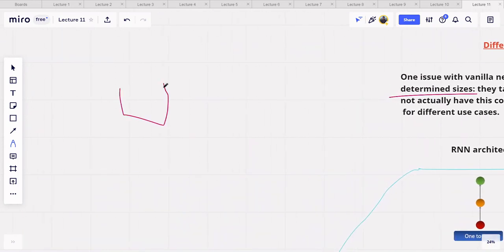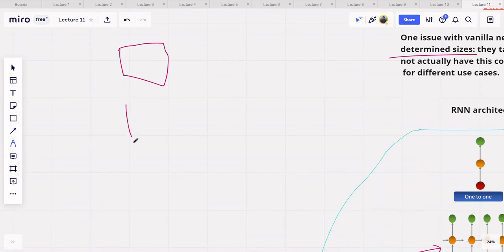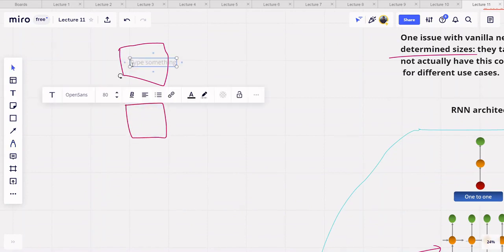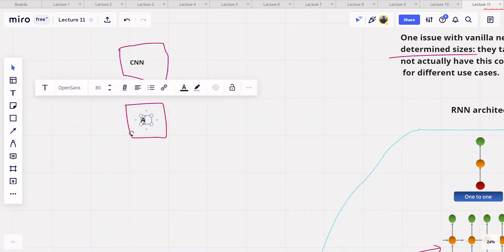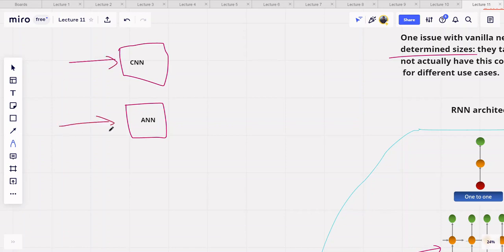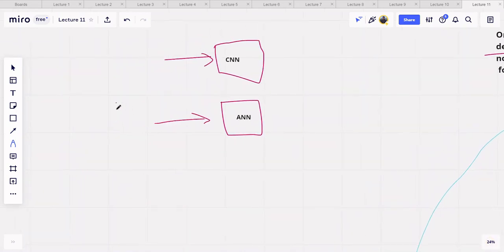For example, if this is our CNN model and this is our ANN model, then we had a predefined size of inputs here and here. For ANN, we basically had a predefined number of independent variables.